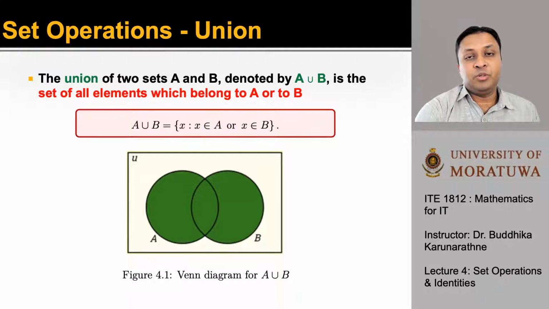The union of two sets A and B, denoted by A union B, is the set of all elements which belong to A or to B. In the below Venn diagram, you see the two sets A and B, and you can see that these two sets are not disjoint, which means they have some elements in common. The colored area in green represents the union of sets A and B.